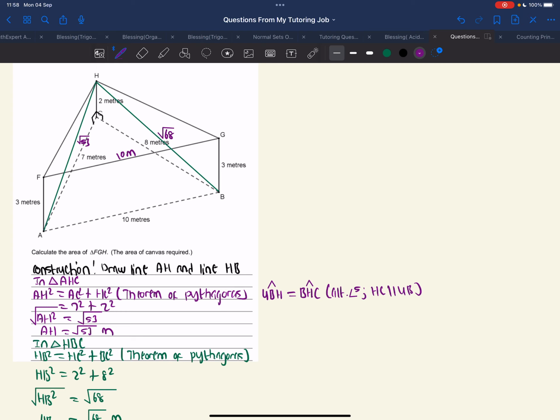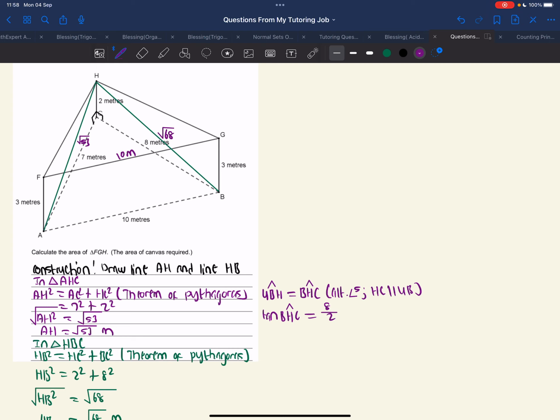Now for me to find angle BHC, tan of angle BHC is just 8 over 2.